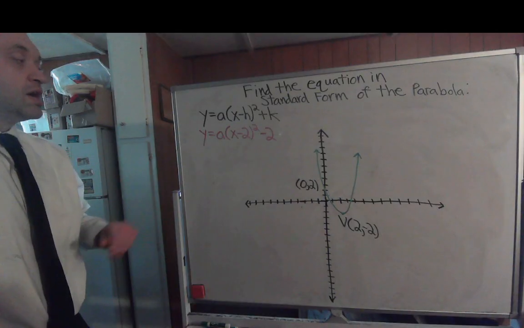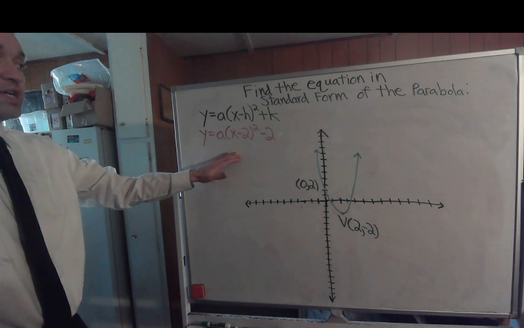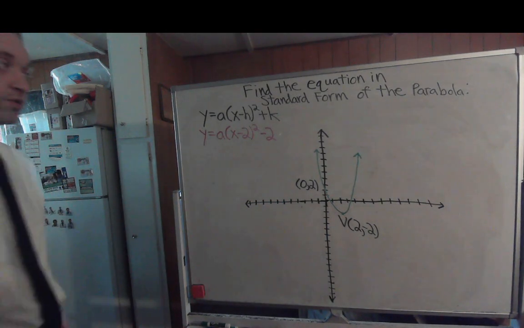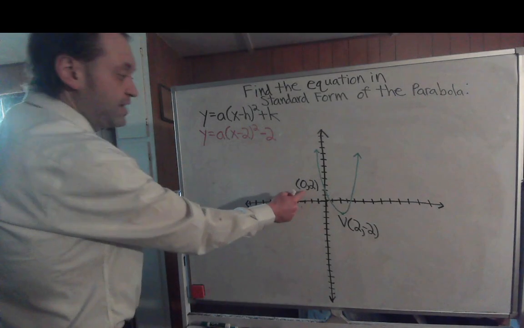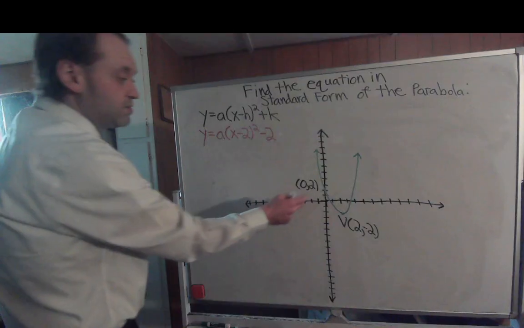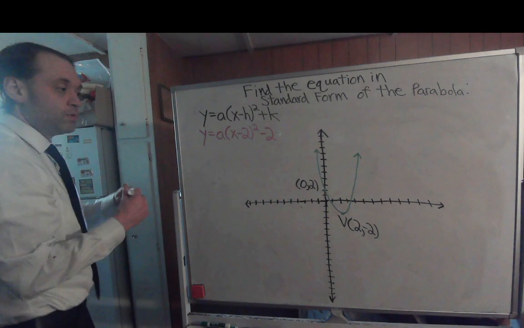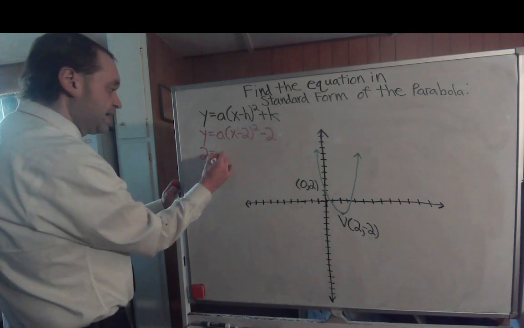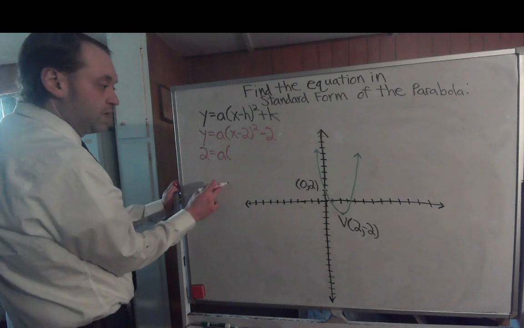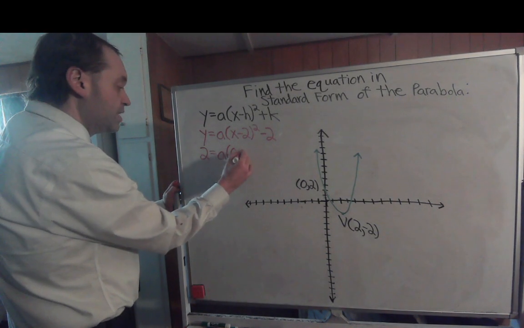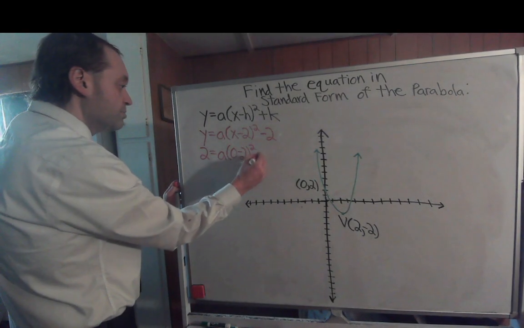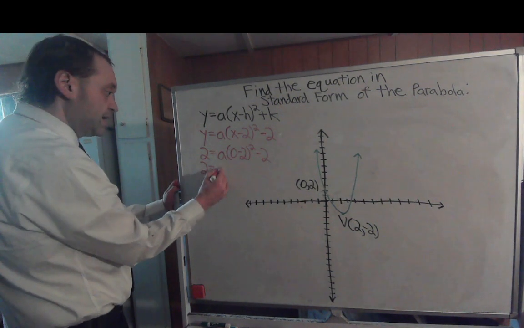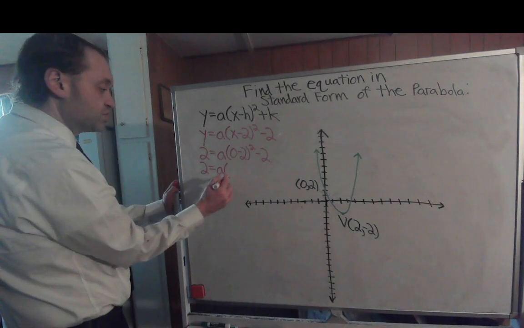Now you've set up the foundation for your equation. What you have to do next, this random point (0, 2) that it passes through, you'll substitute the x value of 0 in for x, and the y value of 2 in for y. So you'll end up having 2 is equal to a times the quantity 0 minus 2, that quantity squared, minus 2. Which means 2 would equal a times, what is -2 squared?